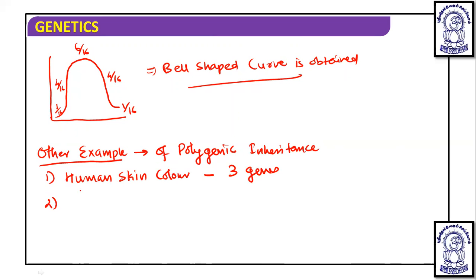Then second, human height. It is controlled by 5 genes.